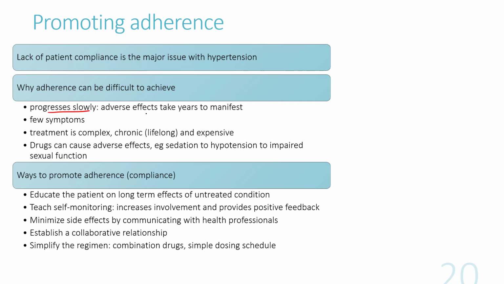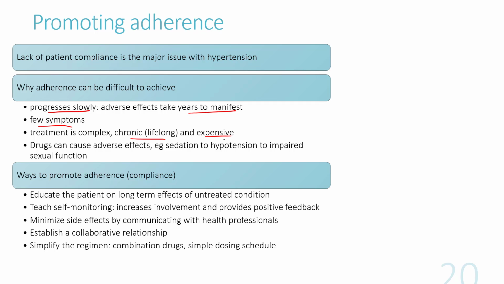The adverse effects take years to manifest, and there are very few symptoms, right? And the drug treatment, as you can see over here, changing lifestyle, exercise, smoking, dietary habits, is very time consuming and very complex. The treatment once you start is chronic, lifelong, and it's also expensive.